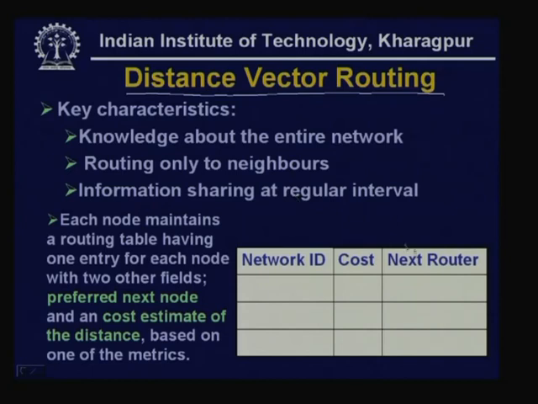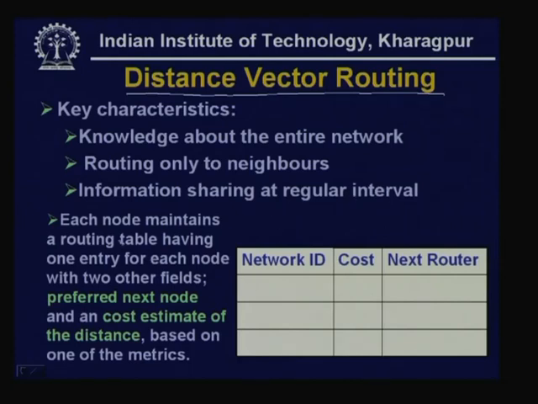A table is maintained, based on information sharing at regular intervals. So, these are the 3 basic features. First of all, knowledge about the entire network is gathered, and routing is done only to the neighbors, and information sharing is performed at regular intervals.